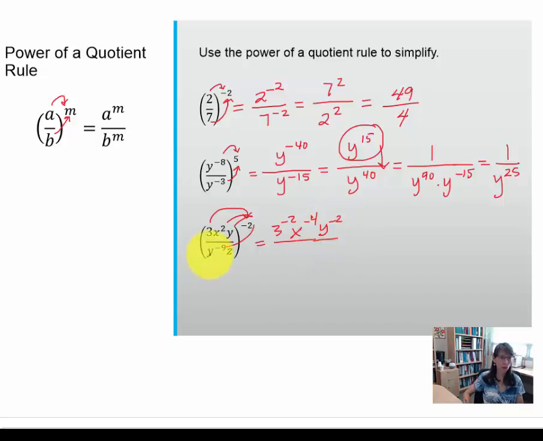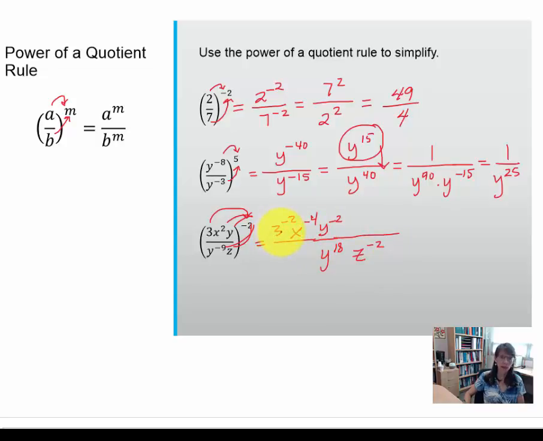In the denominator, y to the negative 9 times negative 2 makes y to the 18th. And when I'm writing out these bases, I'm trying to line them up to make it easier to see where the like bases are. Z is also raised to the negative 2, and there were no other bases of z yet, so I created a whole new column for that.